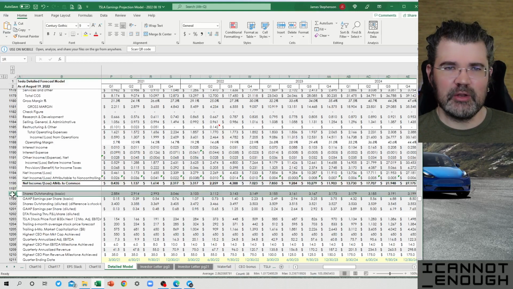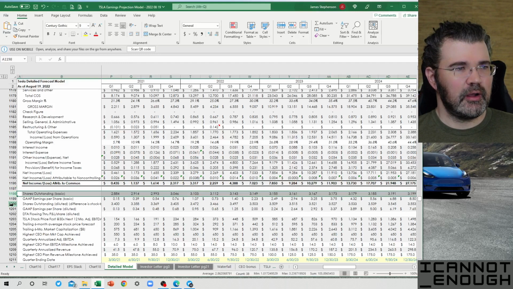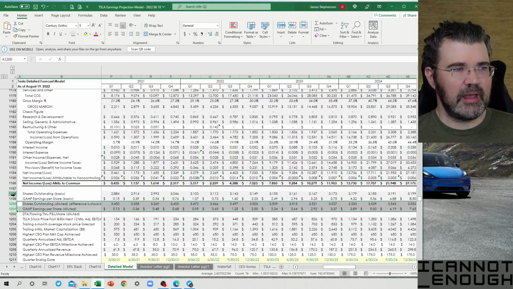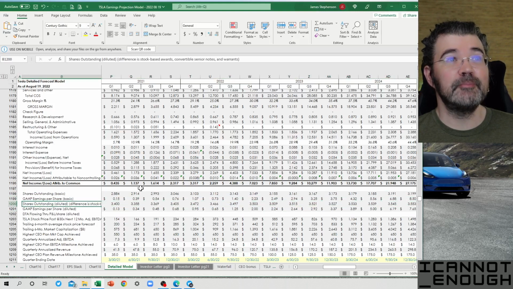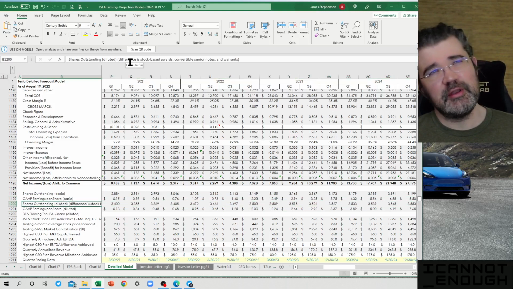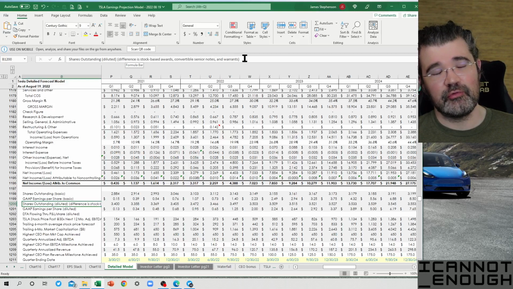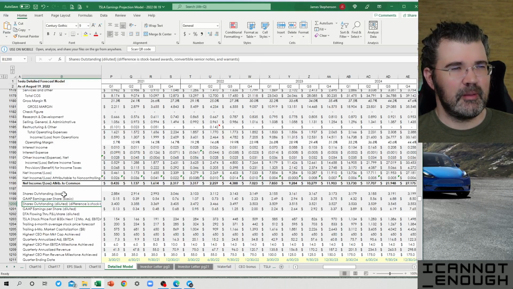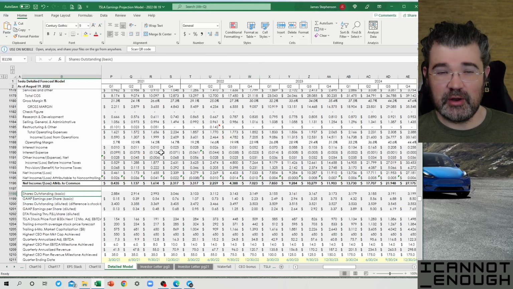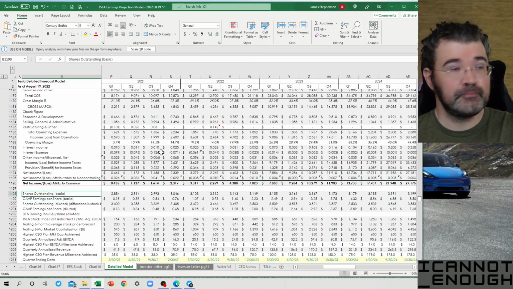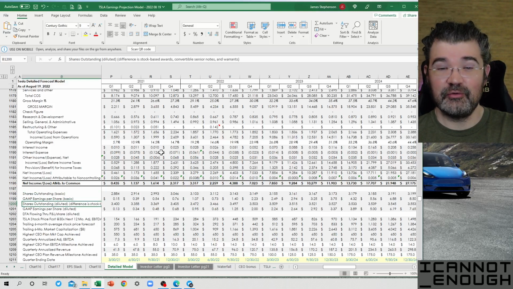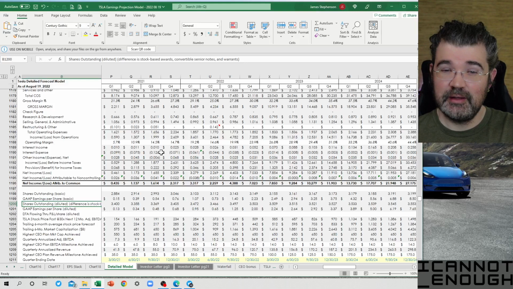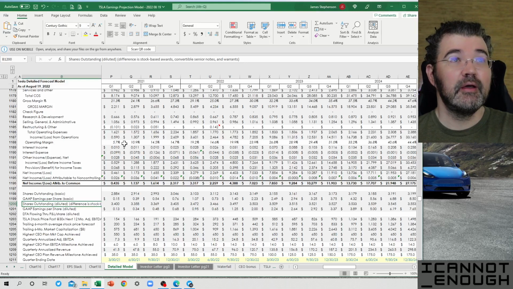But what I want to talk about here are the differences between these. So we have basic shares outstanding and we have diluted shares outstanding. And my note here says the difference is stock-based awards, convertible notes, and warrants. So the basic number is telling you how many shares there already are outstanding, and the diluted number is telling you how many shares there are at risk of being created as of the reporting date.